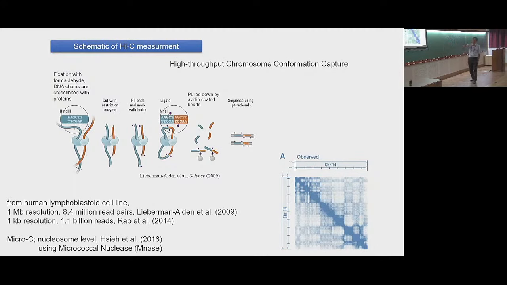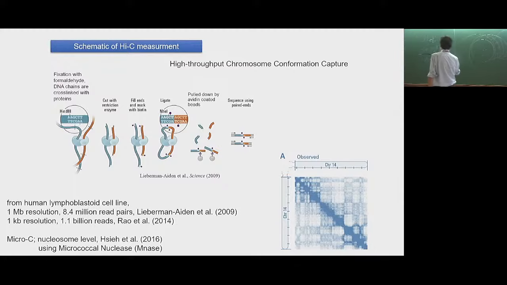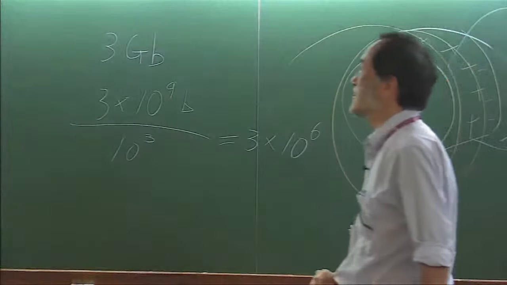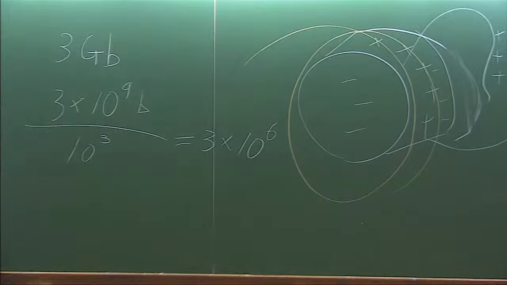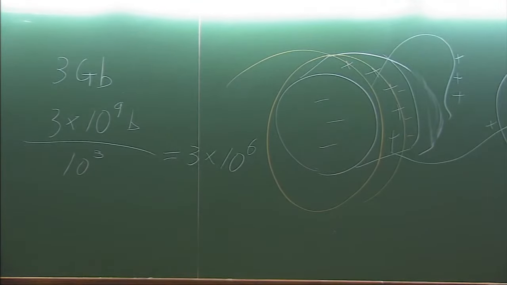Because with 1 kilobase resolution, the human genome has 3 gigabase size, which means a few million dots along this line.